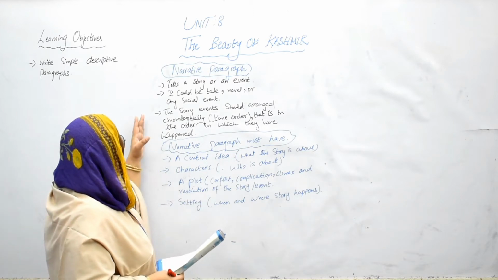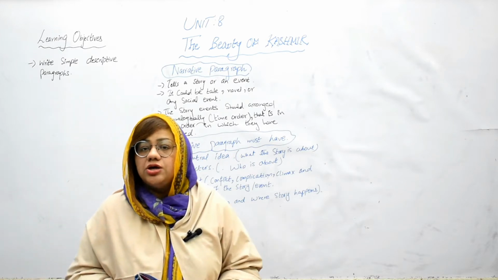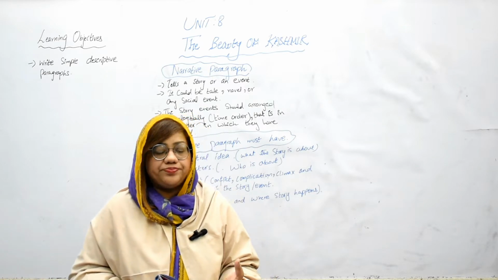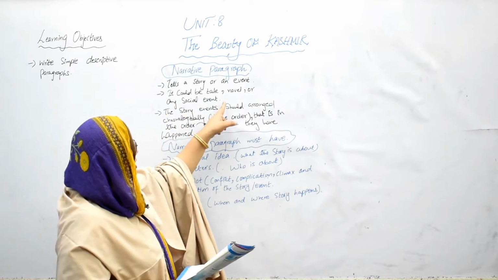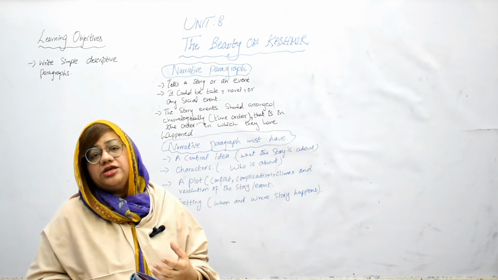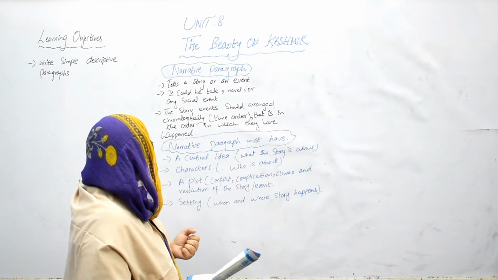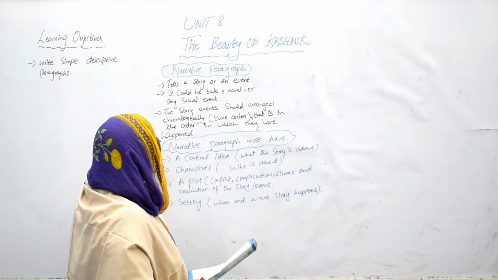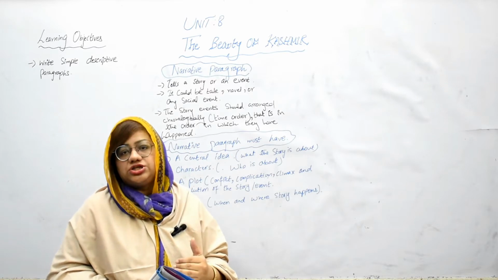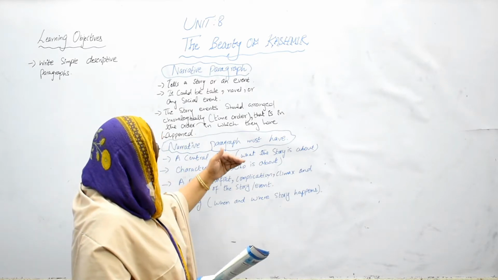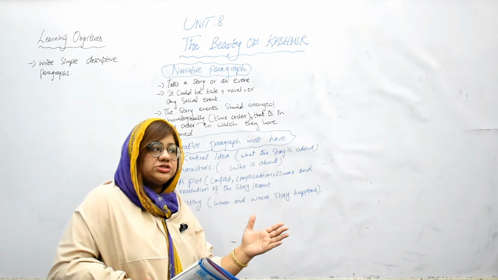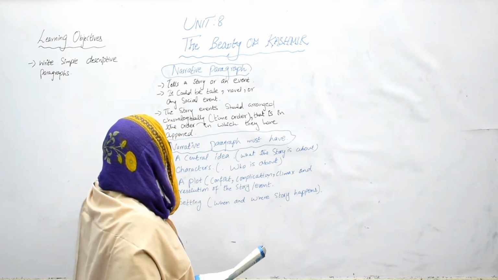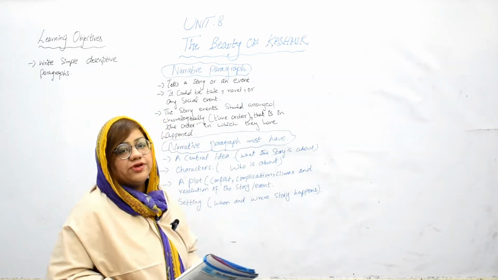A narrative paragraph tells a story or an event. It could be a tale, novel, or any social event. The story events should be arranged chronologically, in time order, for example, told from the start to the end. That is, in the order in which they have happened.